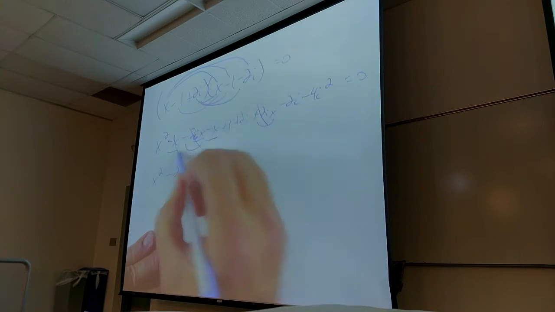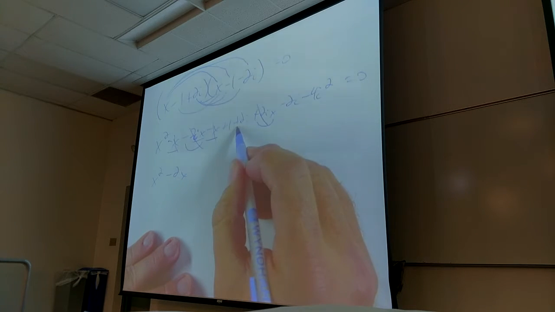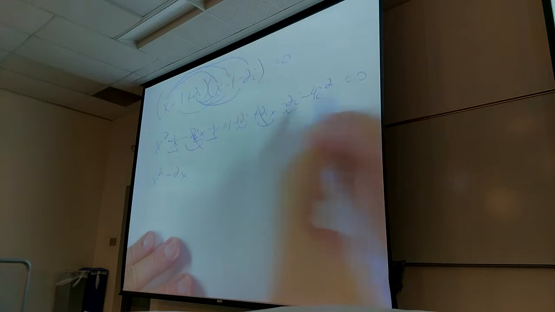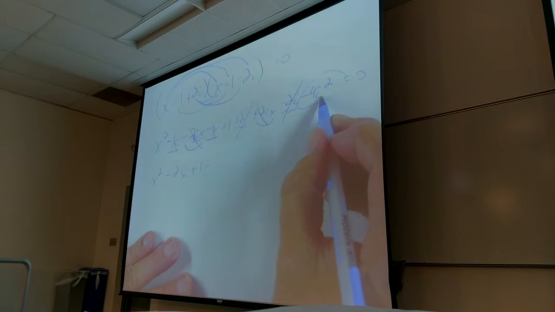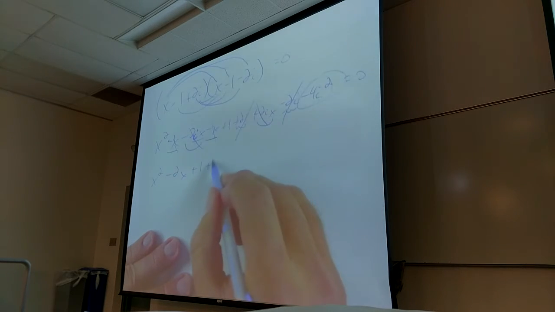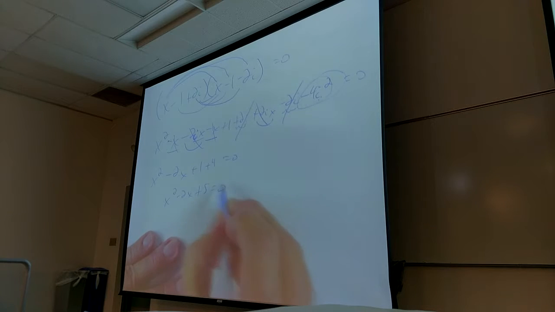That's right, we already got those together. What about the i pieces? 2i minus 2i is... And then I have a 1, and then what's i squared again? Negative 1, so this becomes plus 4. So this is x squared minus 2x plus 5 equals 0. Bam.